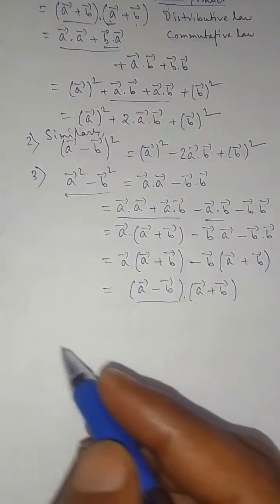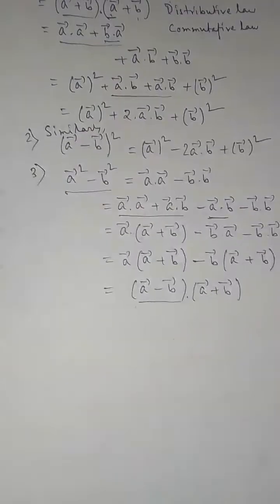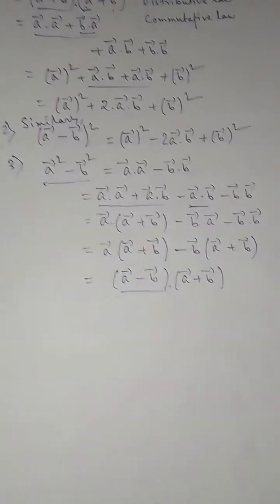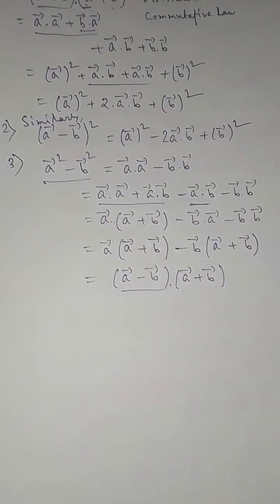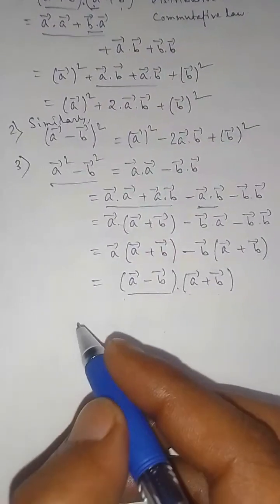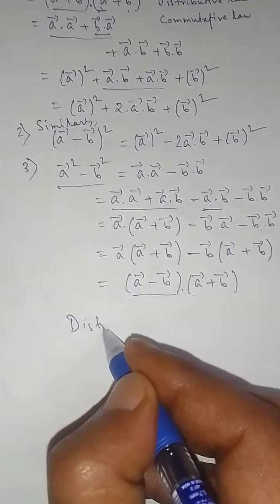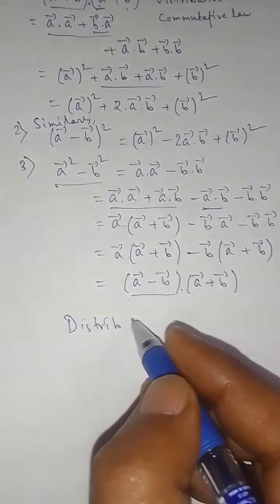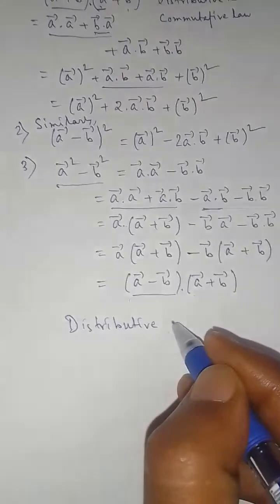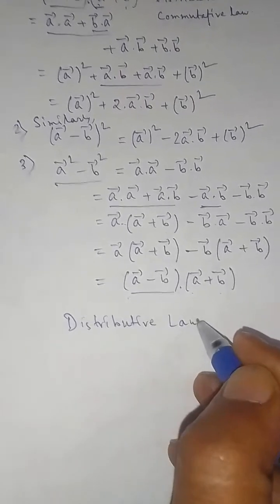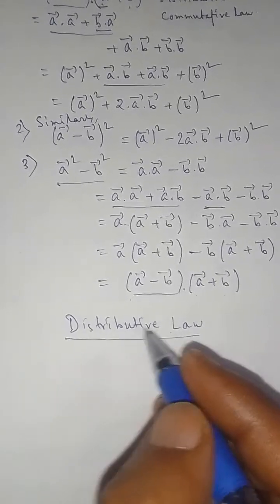So how we can prove this? That distributive law is satisfied by square product, distributive law and commutative law.